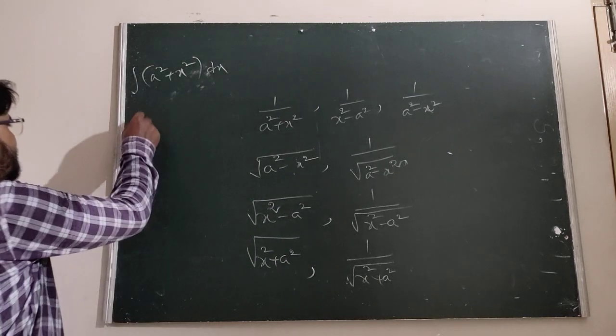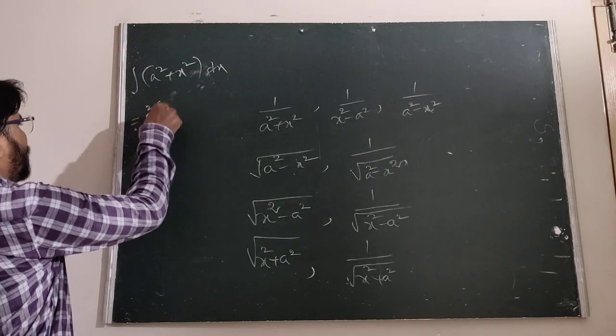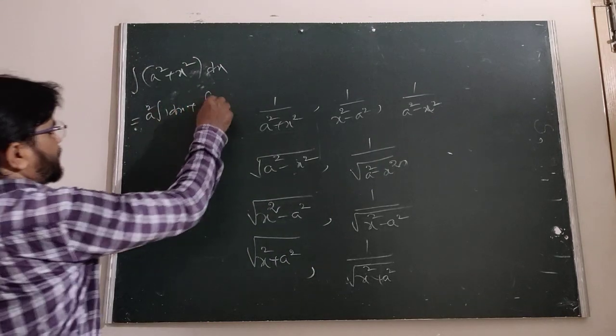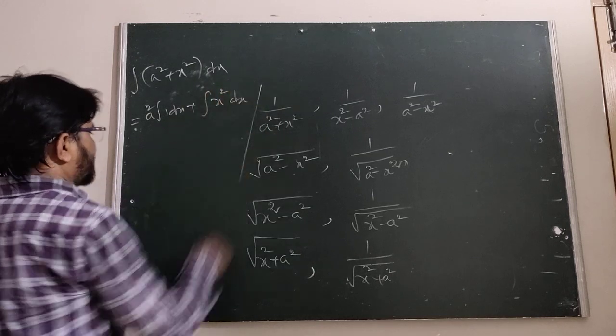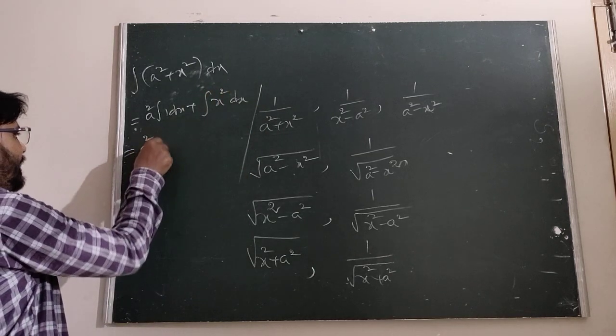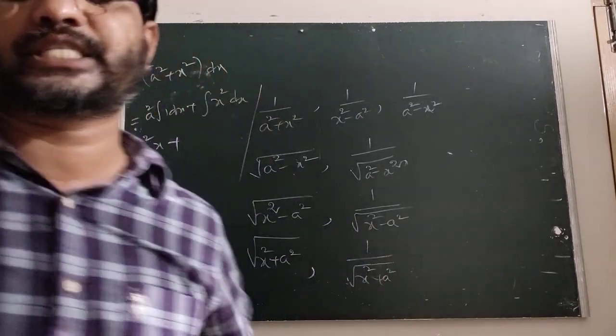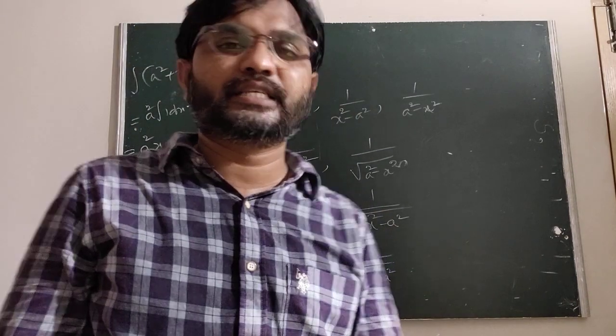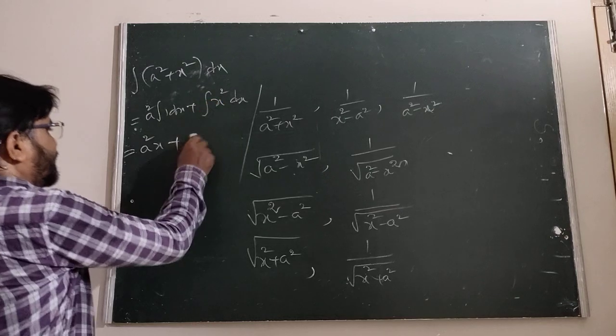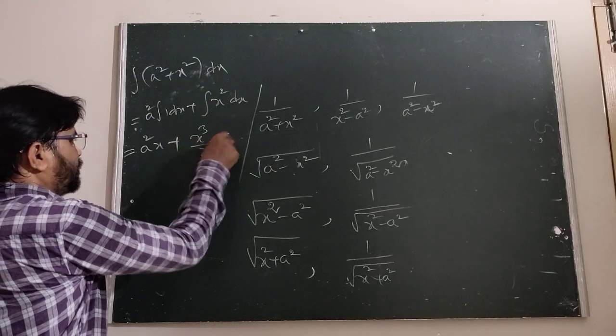Now this can be written as a square into 1 dx plus x square into dx. This is a square x plus the integral of x square dx. The integral of x square is x cube by 3 plus c.